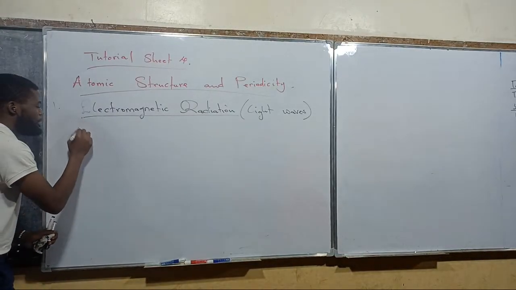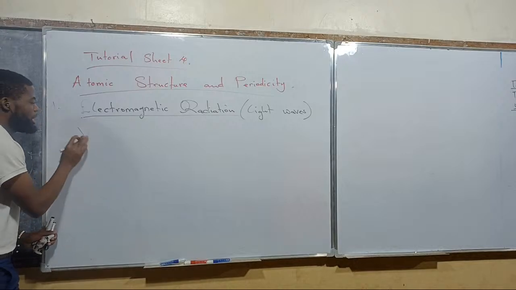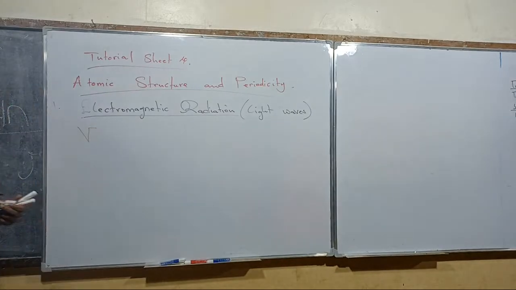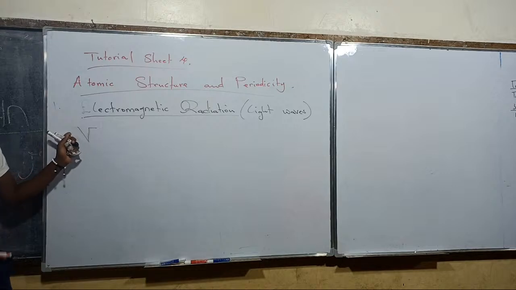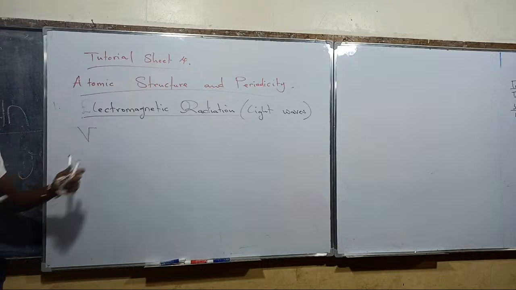The relationship among the characteristics of electromagnetic radiation can be represented using this formula. This is the first formula that you need to know when dealing with this topic. The lowercase Greek letter nu represents frequency.